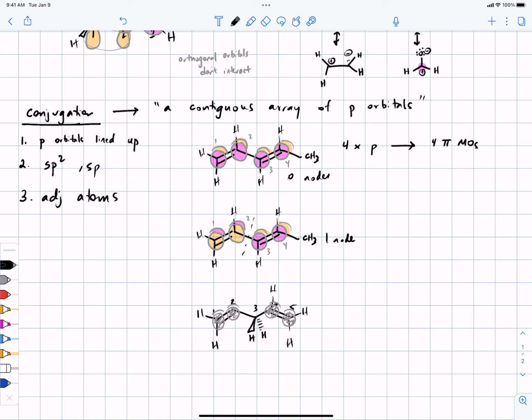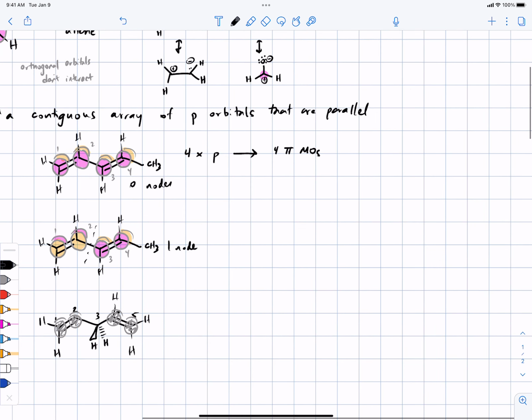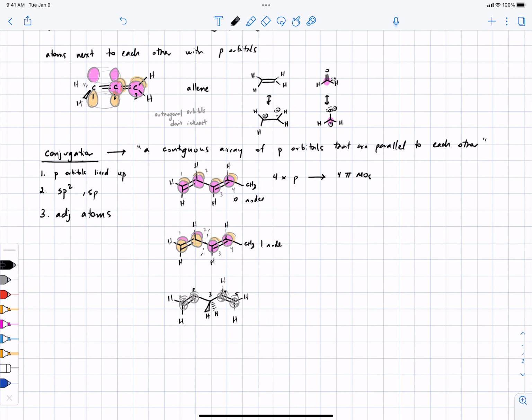Array meaning a line, and p orbitals meaning p orbitals. And I guess we should add to that: that are parallel to each other, not perpendicular. Okay? And you're going to see that conjugation is really present anytime we can draw a resonance structure.